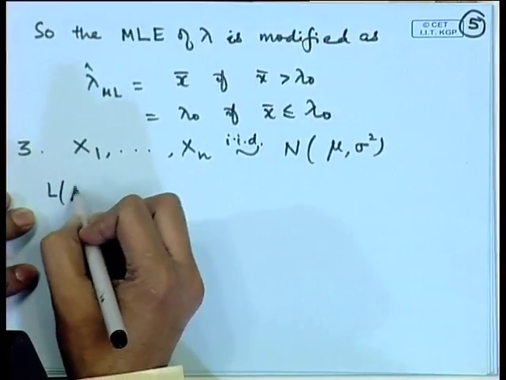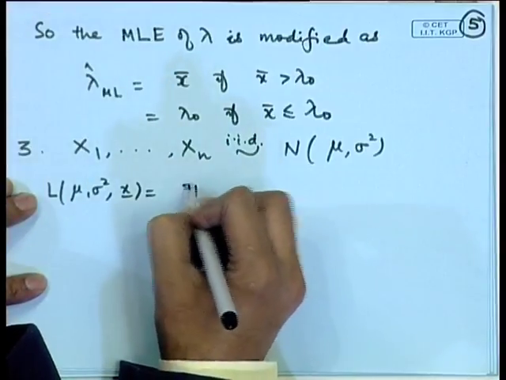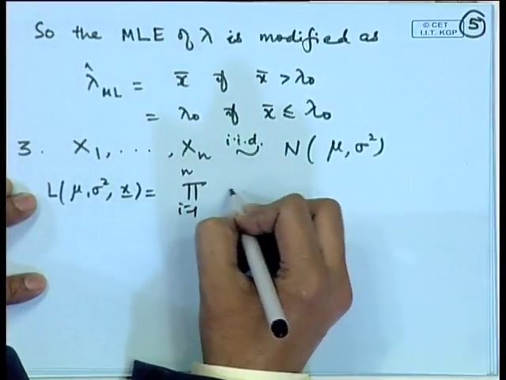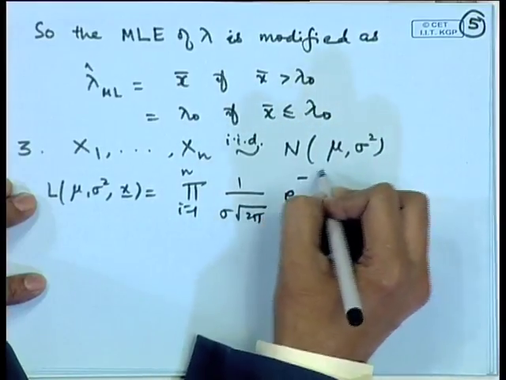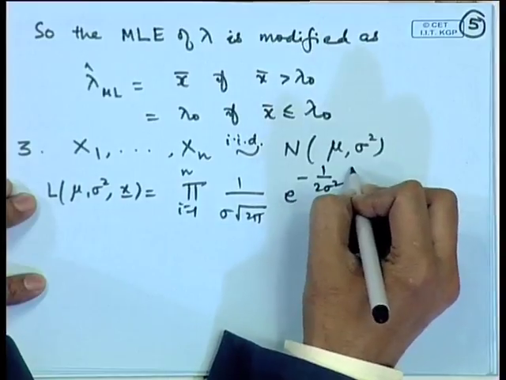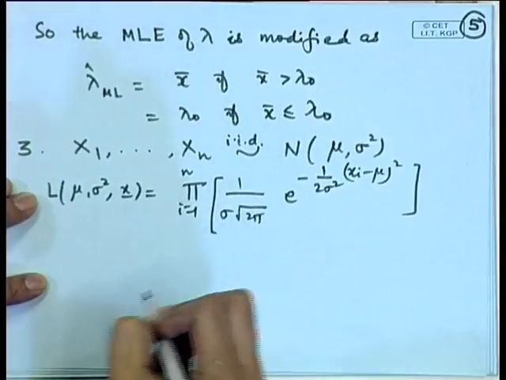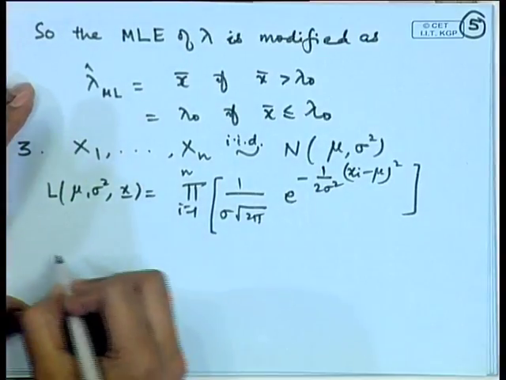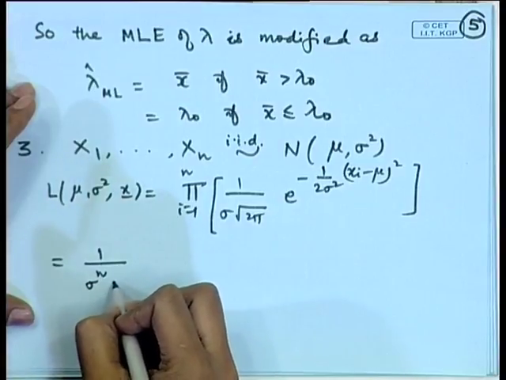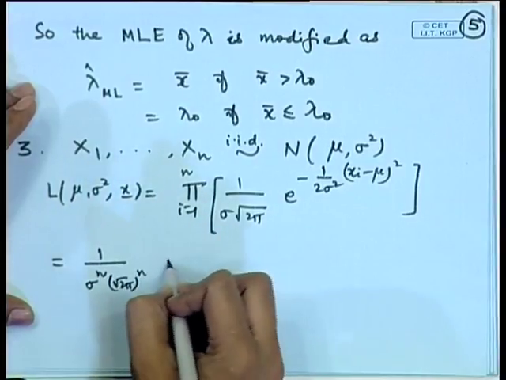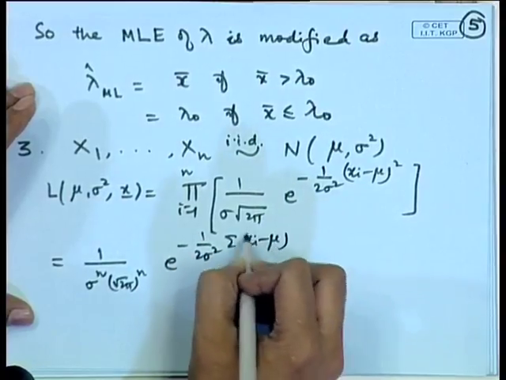So, L of mu, sigma square given x is equal to the product of 1 by sigma root 2 pi e to the power minus 1 by 2 sigma square times x i minus mu whole square. Now, this term we will simplify. This can be written as 1 by sigma to the power n root 2 pi to the power n, e to the power minus 1 by 2 sigma square sigma x i minus mu whole square.